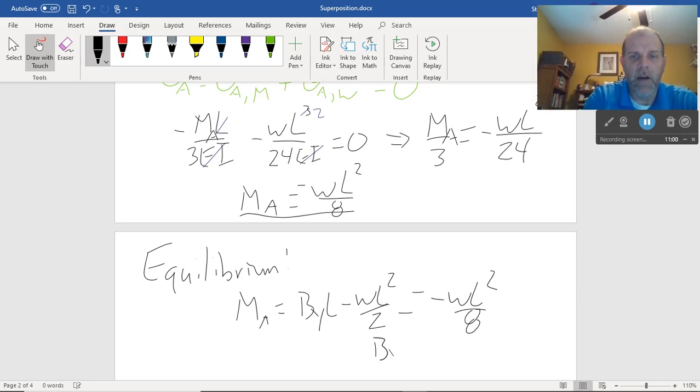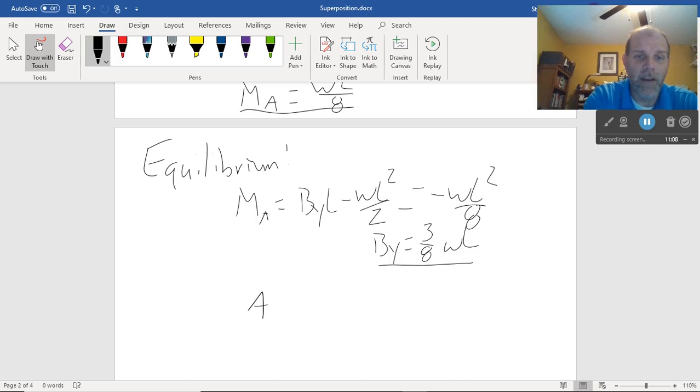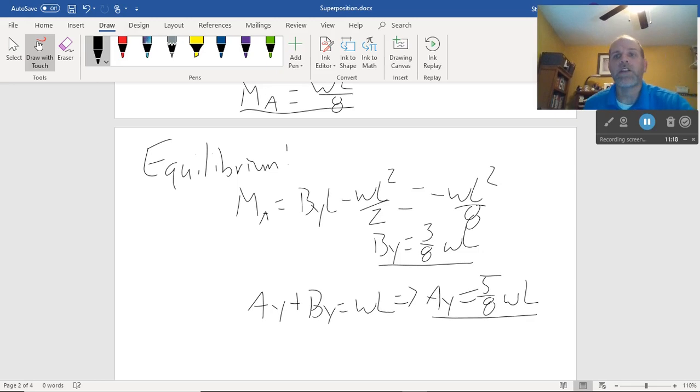It looks like BY is equal to 3/8 WL, and sum of forces in Y, AY plus BY equals WL. AY is 5/8 WL, and we're done.